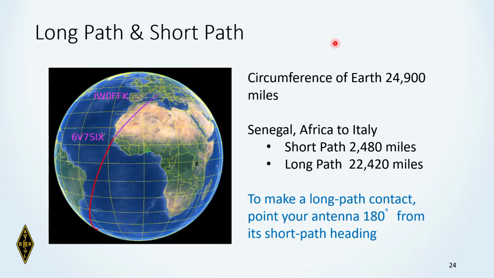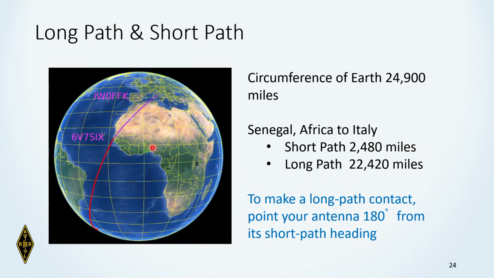Now, long and short path is very interesting, kind of a mind blower. We know that the circumference of the Earth is about 25,000 miles. So let's consider a signal going from Senegal, Africa to Italy. Now, the short path for that signal is between those two locations. It's about 2,400 miles.